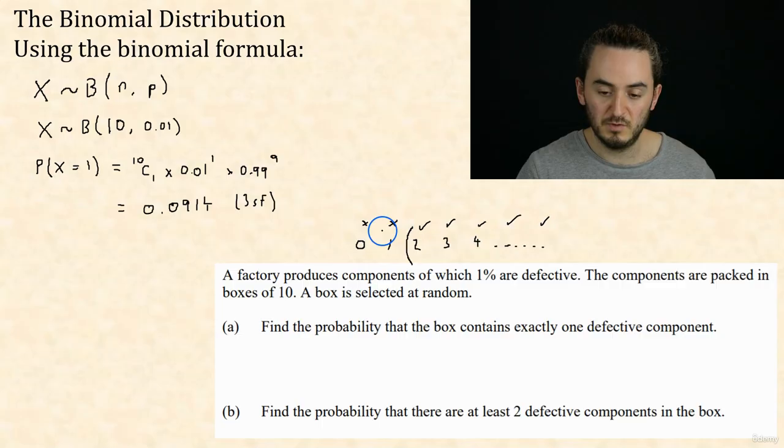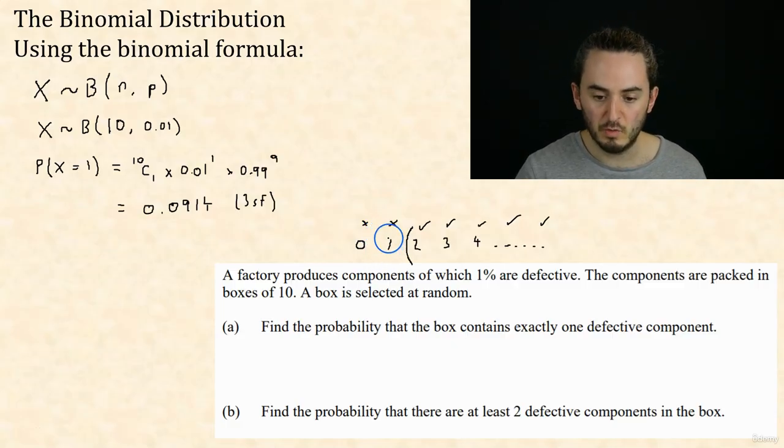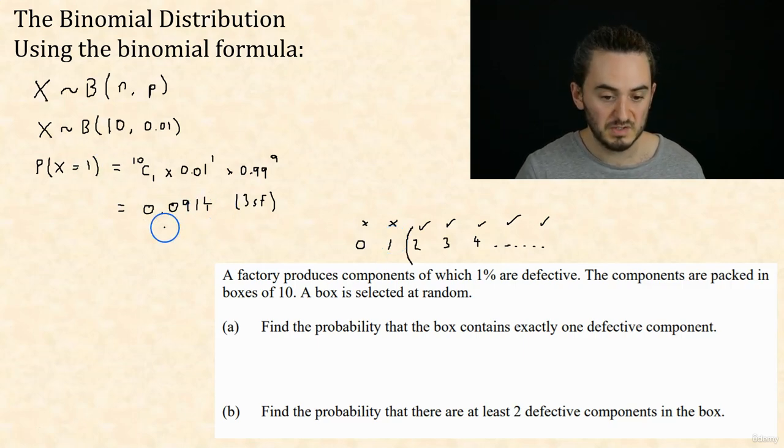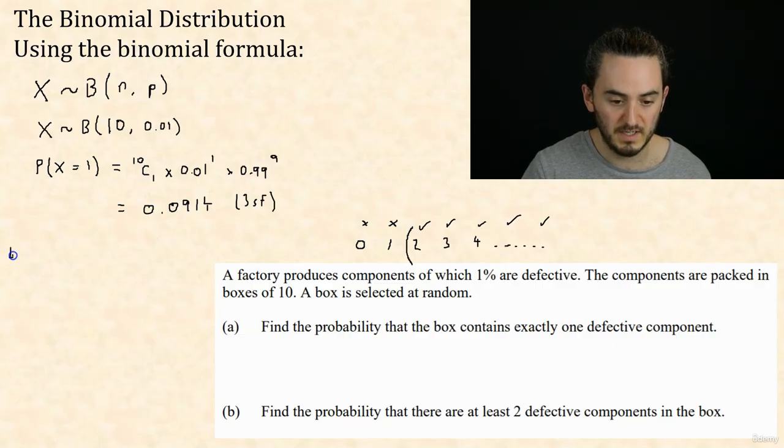Then we add those together and do 1 minus that, because the probability of something not happening is just 1 minus the probability of it happening. We already have the probability of it being 1, so we just need to work out the probability of x being 0.